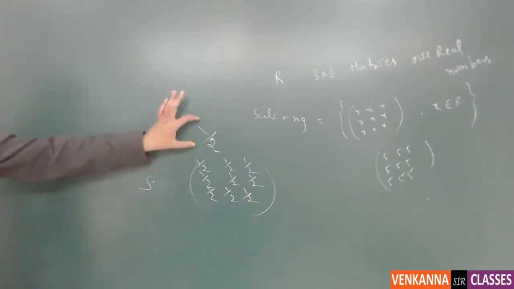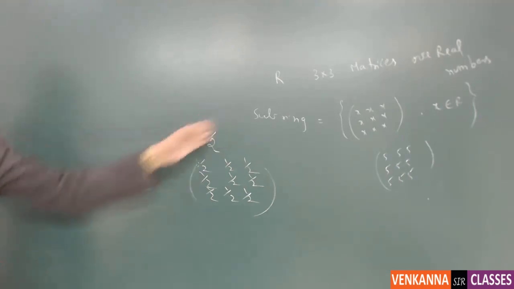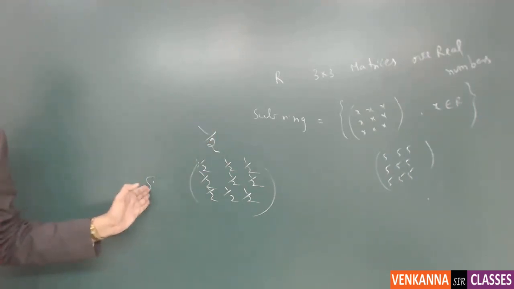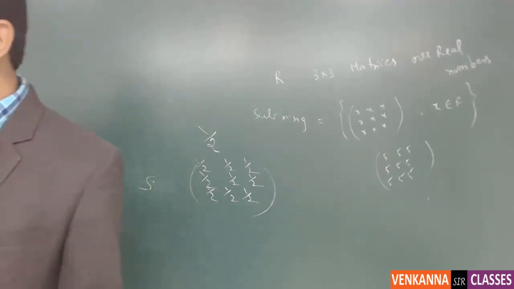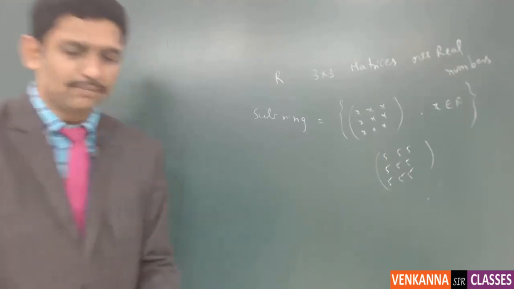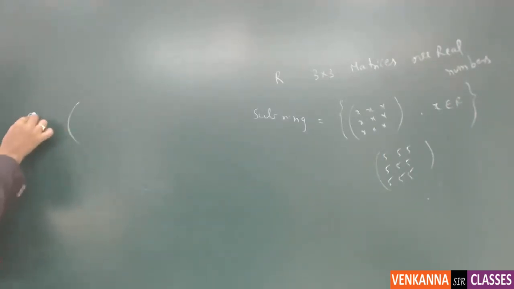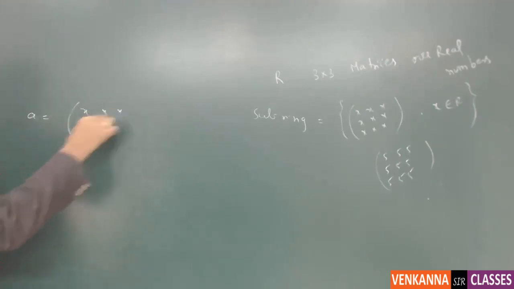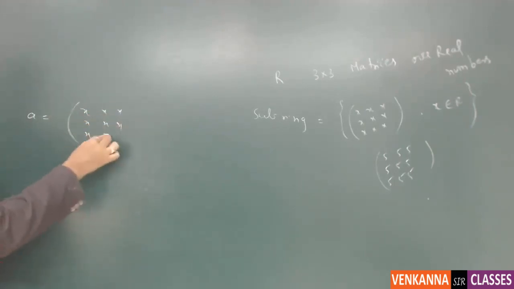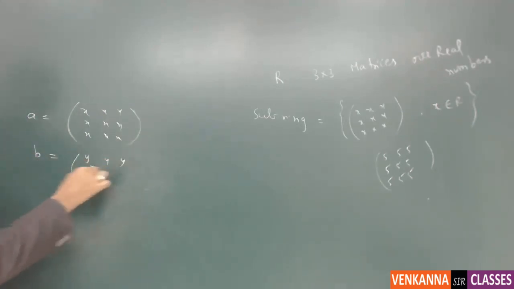So for each real number, the corresponding matrix of this pattern I am taking in the set S. So how to verify these two conditions of subring there? It is very simple: you take any two values, say A is equal to x, x, x, and B is equal to y, y, y.